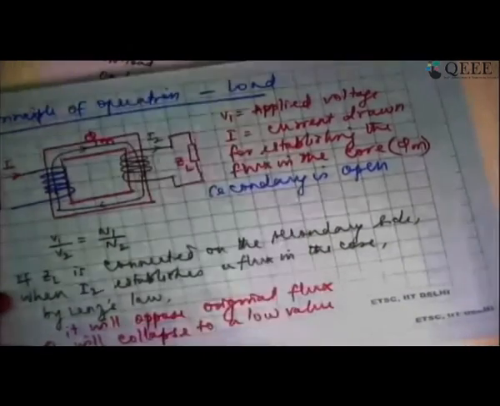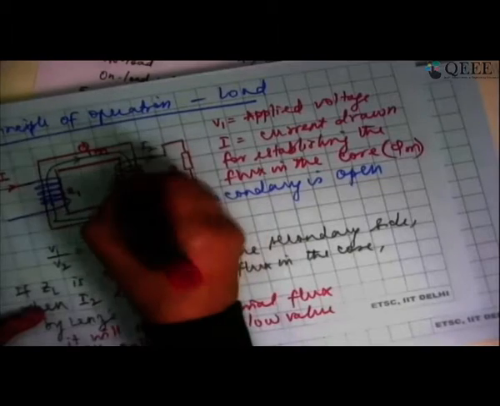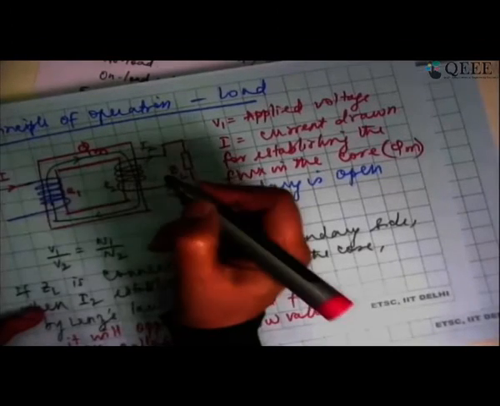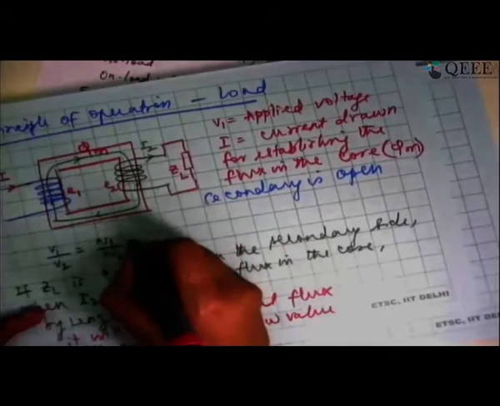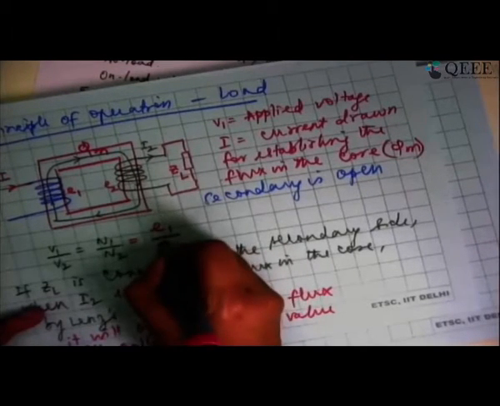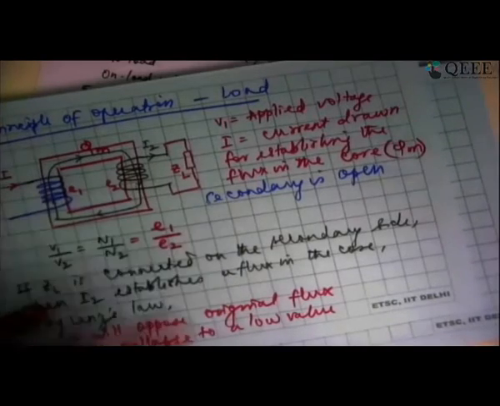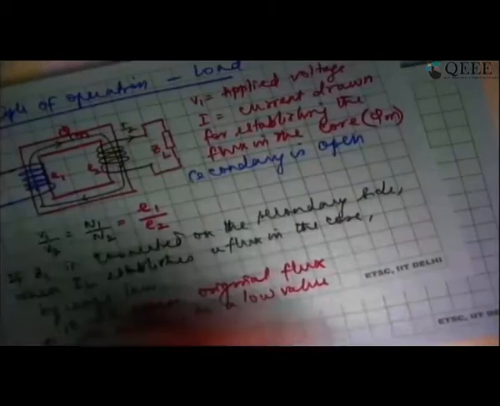When the flux is collapsing to a low value, originally there was an induced EMF E1 here, and an induced EMF E2 here. We already said V1 is approximately equal to E1, and V2 will be approximately equal to E2. So V1 and E1 were equal to each other. Now E1 would also collapse because the flux has collapsed. So what is going to happen is that E1 collapses.